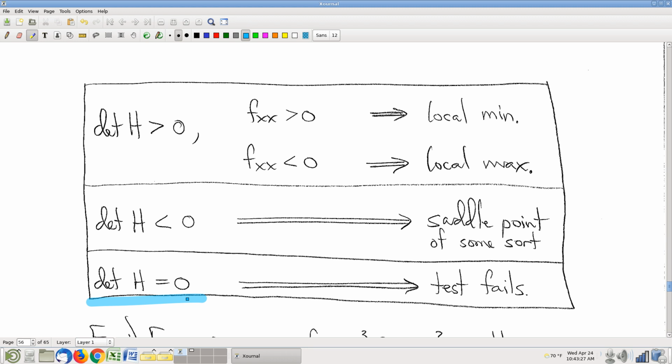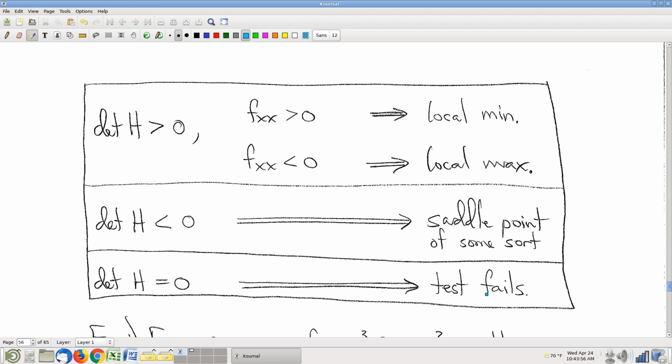The failure of the test in this case, if that determinant is 0, then roughly speaking what that's saying is the second order term is just not very dominant at all, and it's not really telling the story. In fact, the third order term is going to tell the story there. So who knows? So very importantly, the test fails in that case. Don't try to give an answer using the second derivative test if the determinant is 0.